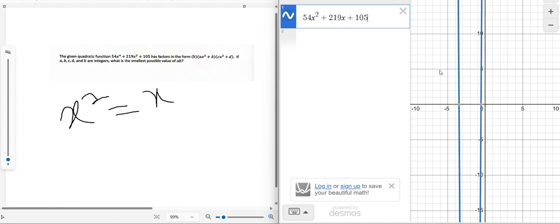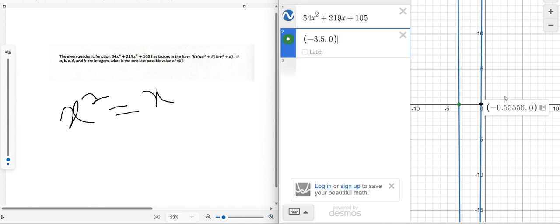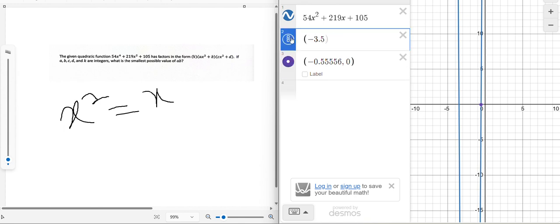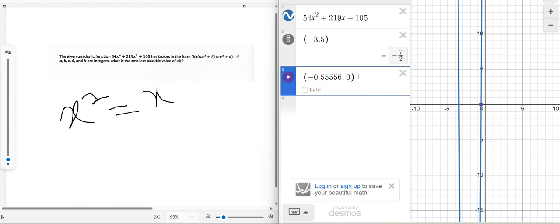Okay, so we simply copy the question here in Desmos, and we'll check the x intercepts. This is the value of x. Okay, so we bring it down here, and we'll change this decimal into a fraction.